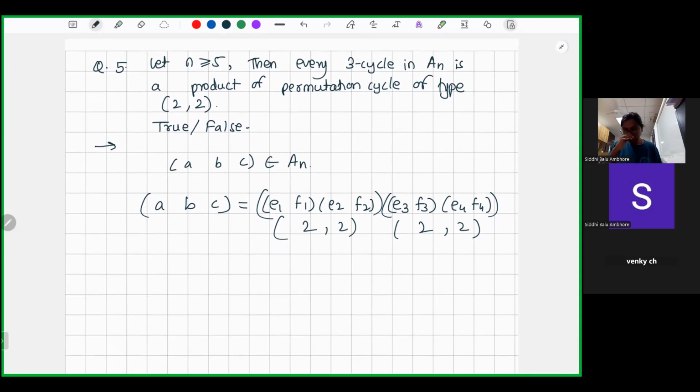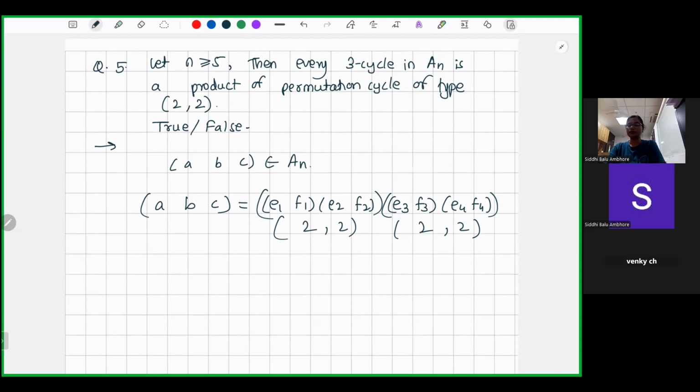First of all, the baseline understanding: any sigma of type 2-2 is a product of two transpositions, so it has even sign. And the 3 cycle also has sign +1.